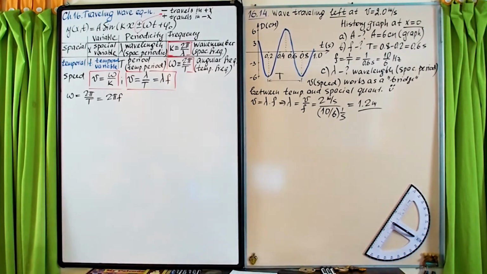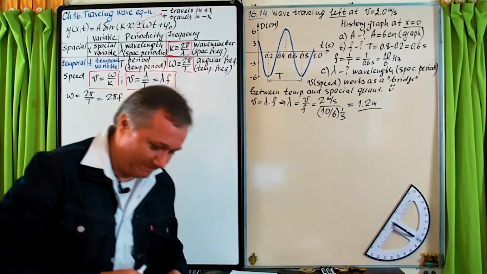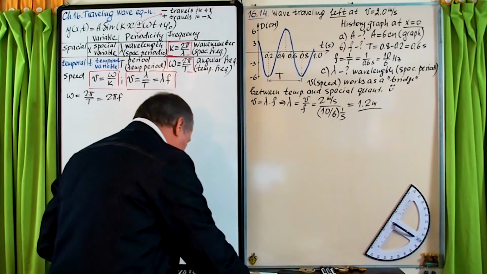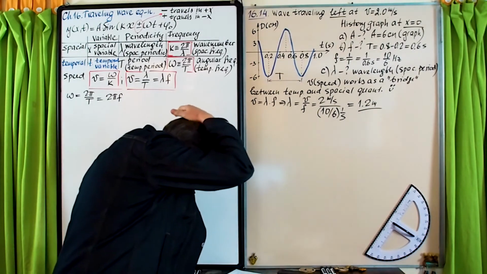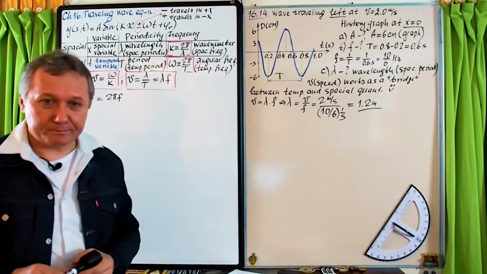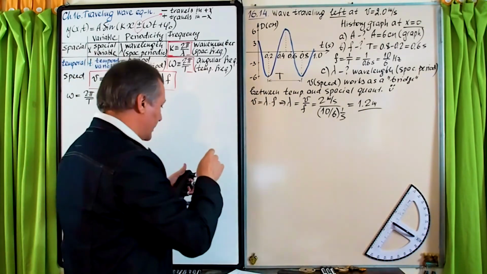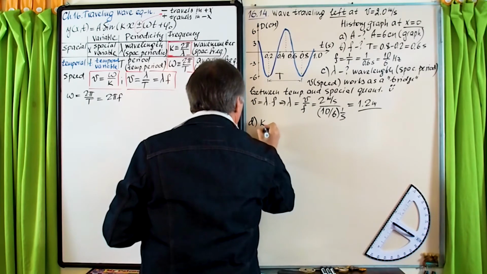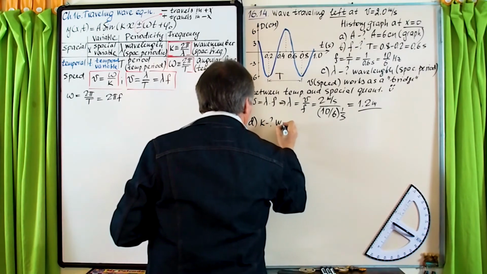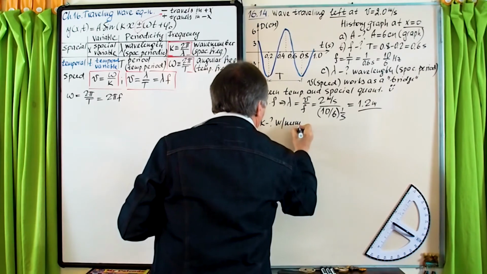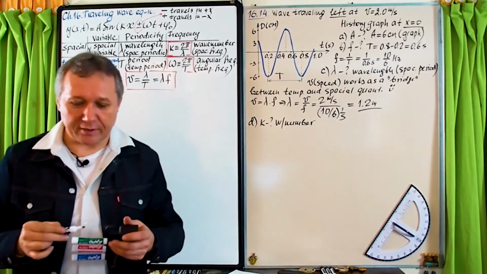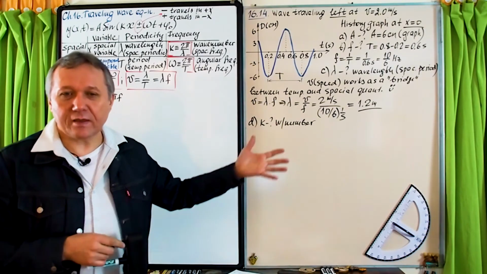Okay, my markers fell down. Right. Okay, so next, what's next? Wave number. So A, B, C, now D. Let's find wave number, K. Very often I just write it like a W slash wave number. I mean a number.